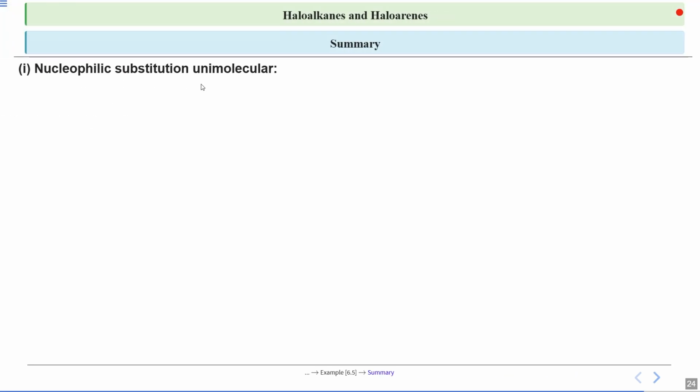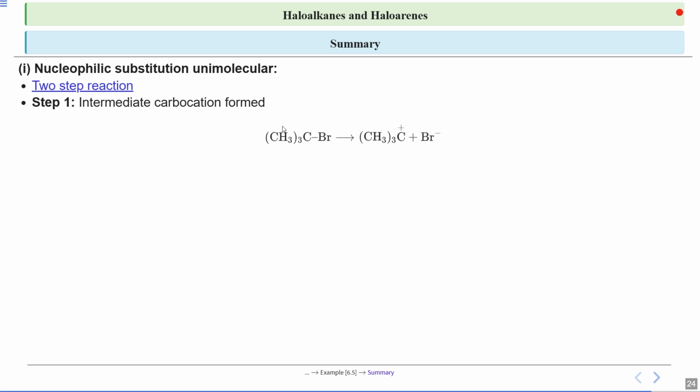If we talk about nucleophilic substitution unimolecular, we have seen that it is a two-step reaction. Step 1 includes the intermediate carbocation formation, and the leaving group is removed. In this example, bromine is attached to a tertiary carbon and you form a tertiary carbocation, while bromide, the leaving group, leaves the reaction.